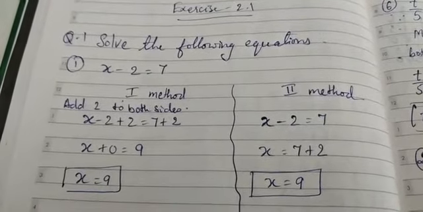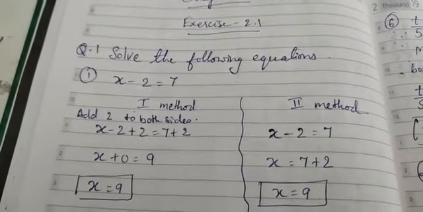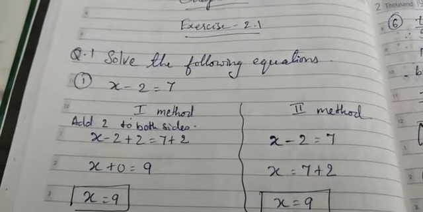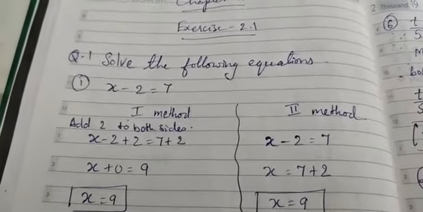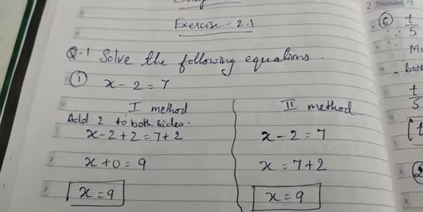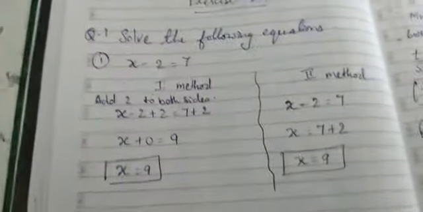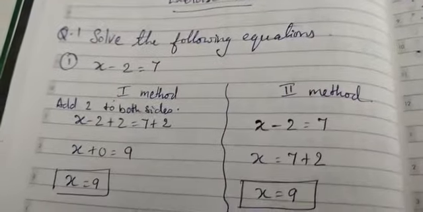Okay, let's see. This time I am going to directly start with the solutions of the exercise. So let's start with exercise 2.1. I have tried to put up both methods.